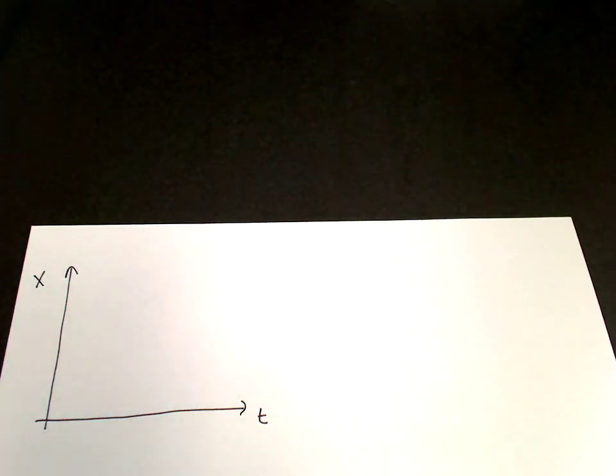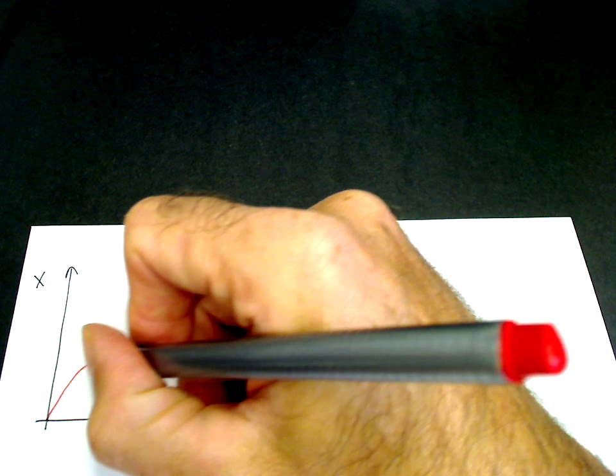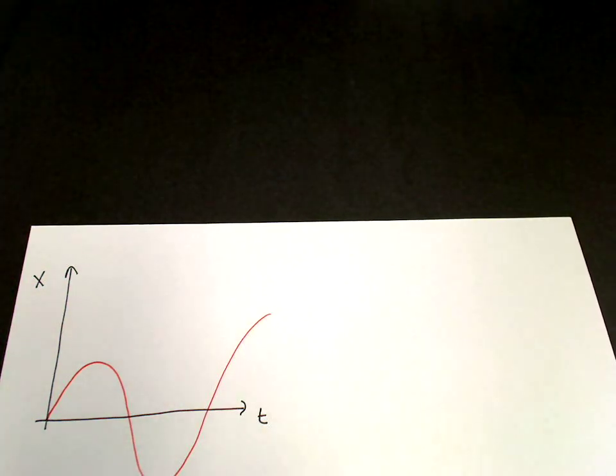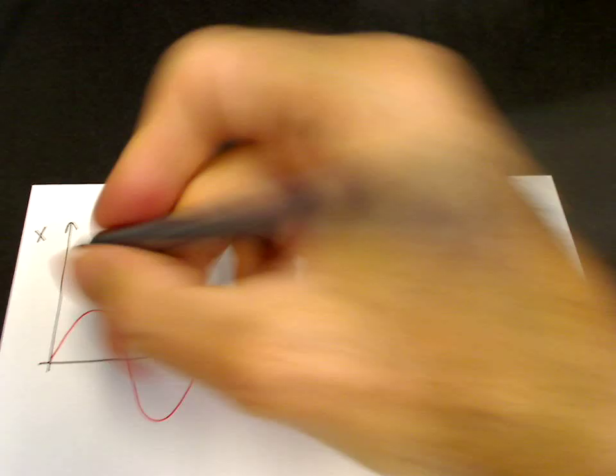Let me draw some arbitrary type of function. It may look like a sine function perhaps. And this can be our x equals f of t.